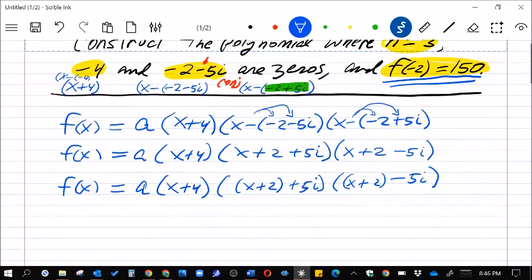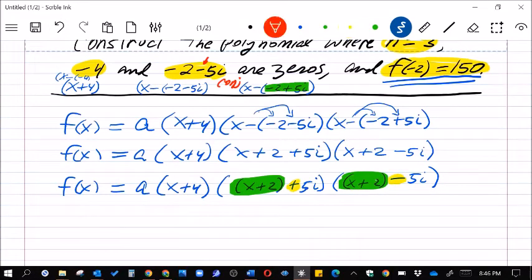So now let's analyze what I did in these steps. I have x plus 2, and I have x plus 2 again. Notice that it's plus 5i and it's minus 5i.